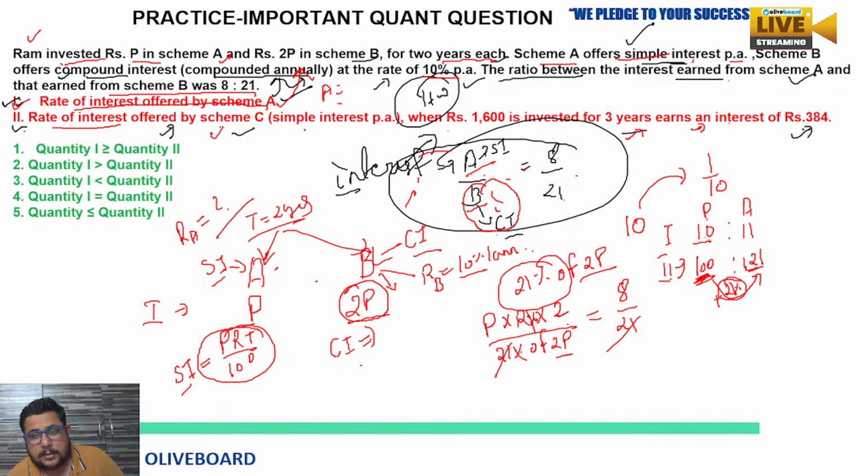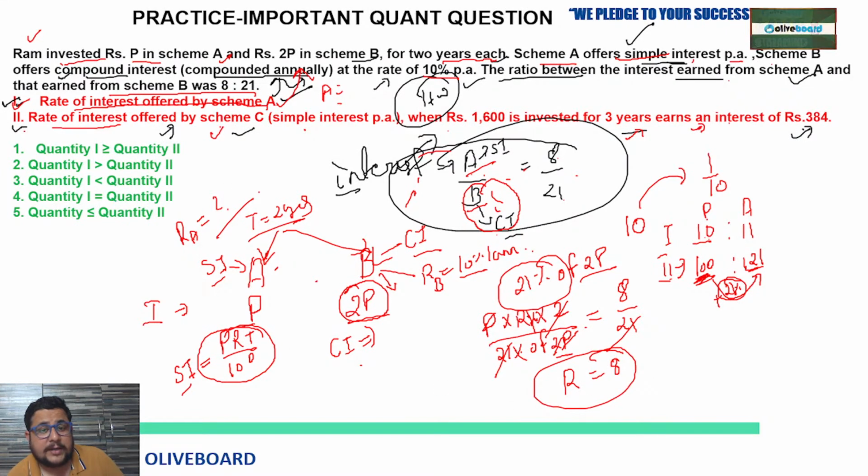Now the 2 cancels. Now P cancels, and only R equals 8. Means the rate of interest for scheme A was 8% per annum. This you already got now. I hope you understood it. If there is any doubt, then do let me know.